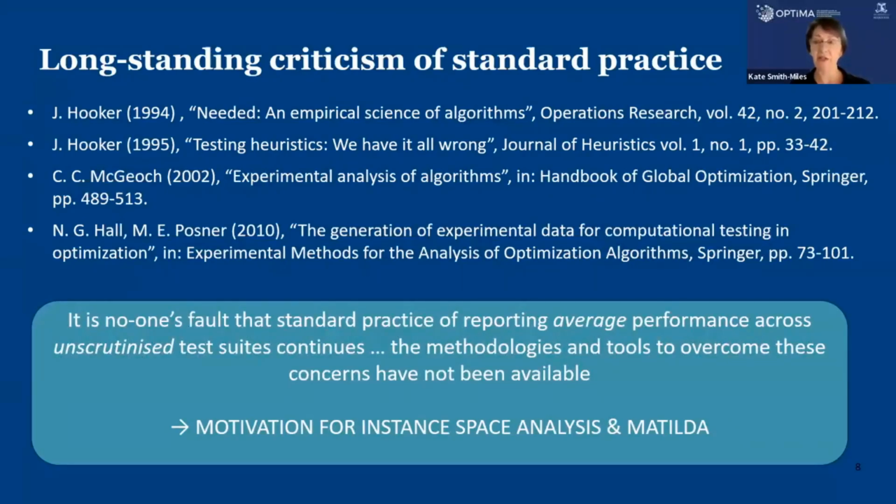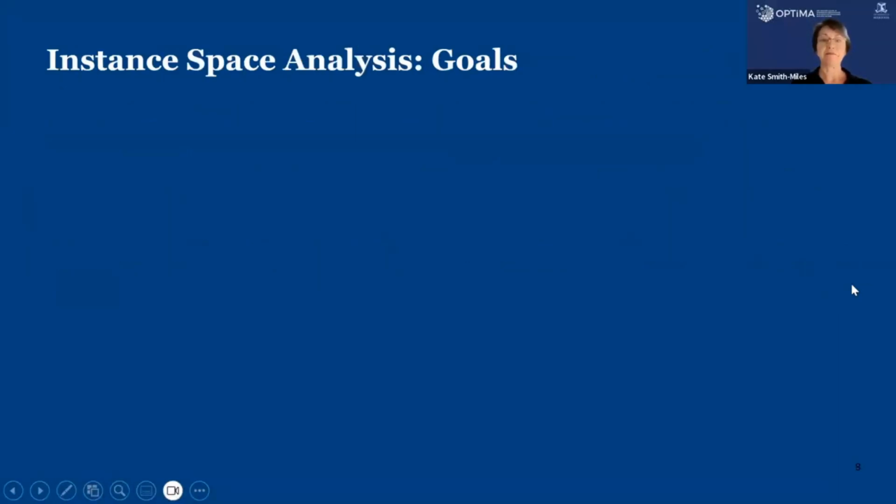We haven't had the methodologies and tools to help people do it any other way. So that's the motivation for instance-based analysis in Matilda, and it's starting to change. Increasingly, it's not just papers coming out of my group that are using instance-based analysis, but there's other groups around the world that have been using it, and increasingly journal editors are suggesting it. So that's a pleasing development.